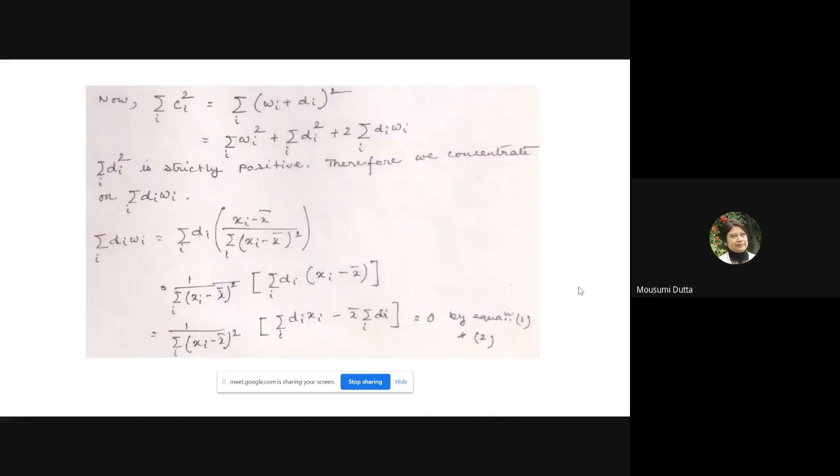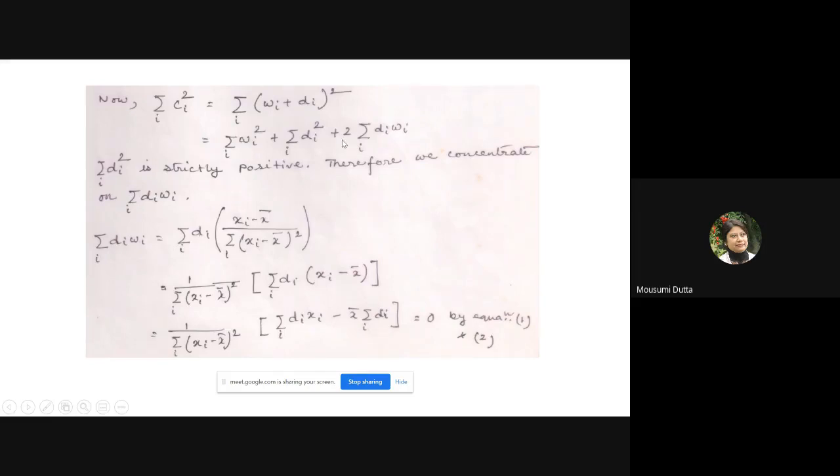Now summation ci square, that means summation wi plus di whole square, which is summation wi square plus summation di square plus 2 summation di wi. Summation di square is strictly positive. And summation wi square was there in case of OLS. So we will concentrate on this part.